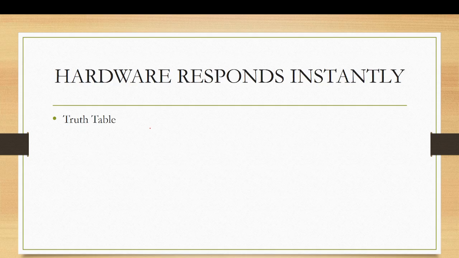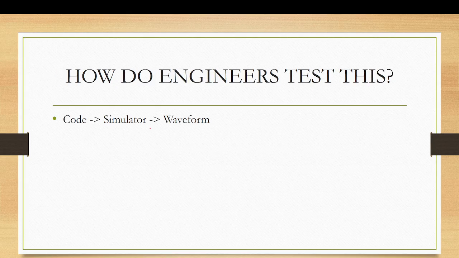And this is the first glimpse of how hardware thinks. Hardware doesn't wait. Hardware doesn't execute lines one by one. Hardware continuously reacts to signals. Always active, always ready. Keep this idea in mind because it becomes extremely important in the next lecture.